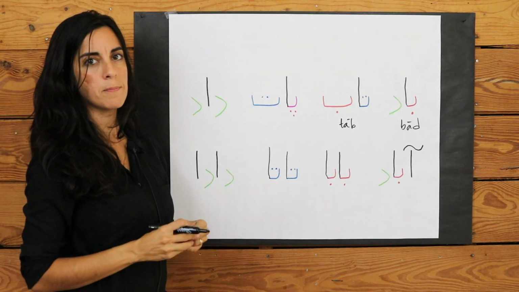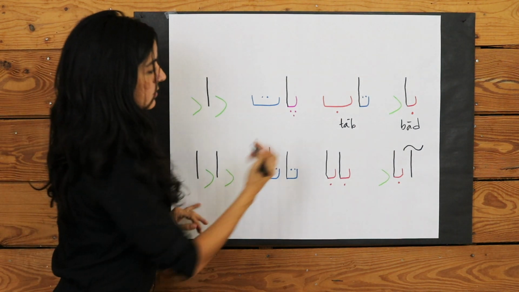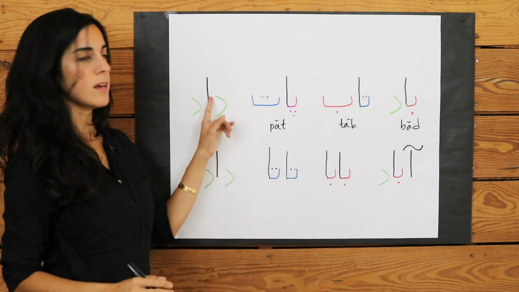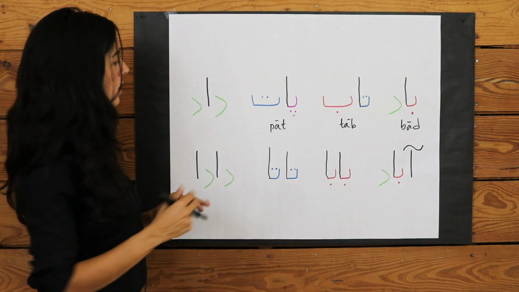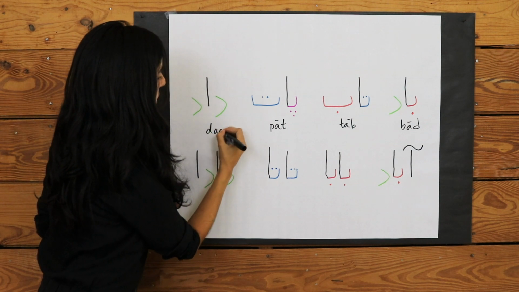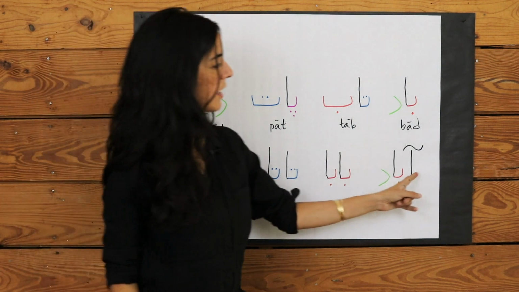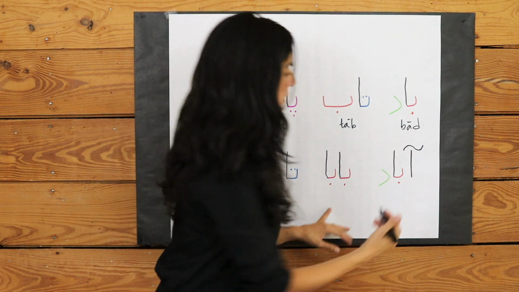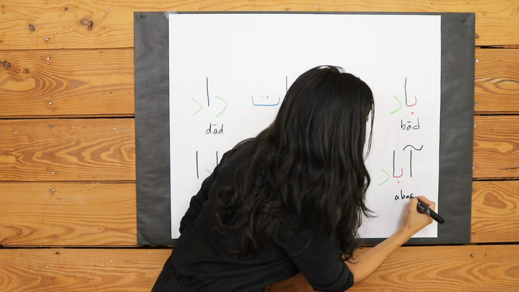Pe, a, te, pot, your foot. De, a, de, dod, gave. Next, a, be, a, de, abad, prosperous.